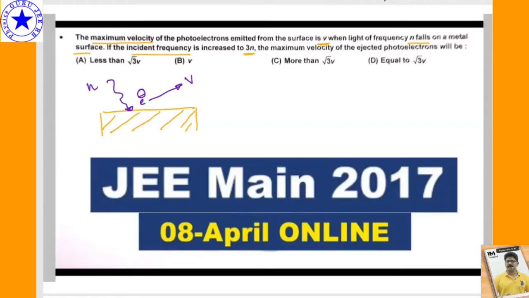Let us take the work function of this metal as W. Then by the photoelectric equation, h nu, here h n, is equal to W plus half m v square. Normally we write E equals h nu, where nu is the frequency, or E equals hc by lambda. So instead of nu I'm substituting n. Hope it is clear till this point.